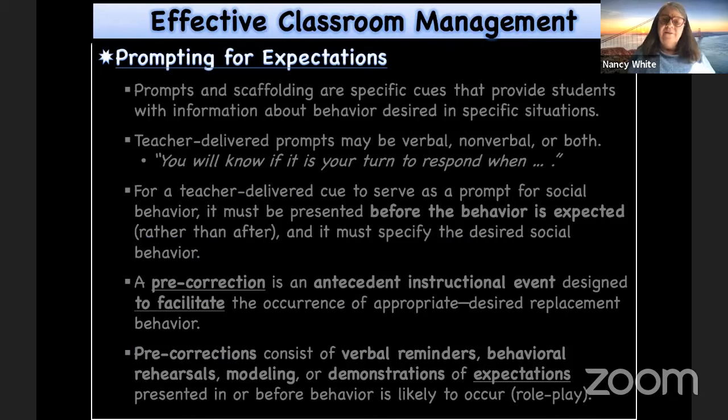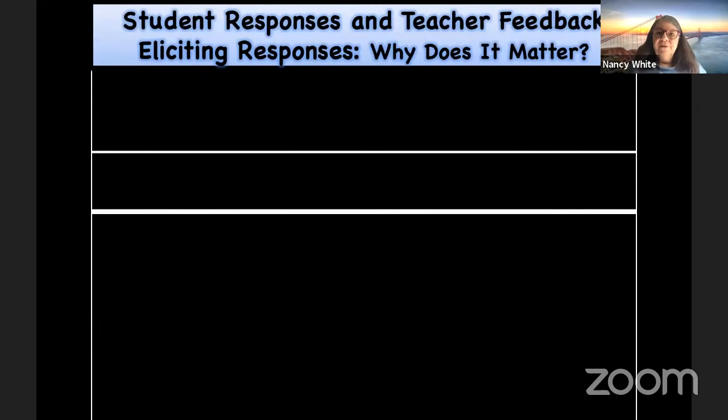So, prompting for expectations, that means letting them know what you expect, because if they don't know, they can't do it. But when they know what to expect, kids are going to bend over backwards for the most part to do what their teachers want them to do. Not always the same for parents, but at least for their teachers. So eliciting responses, why does it matter?